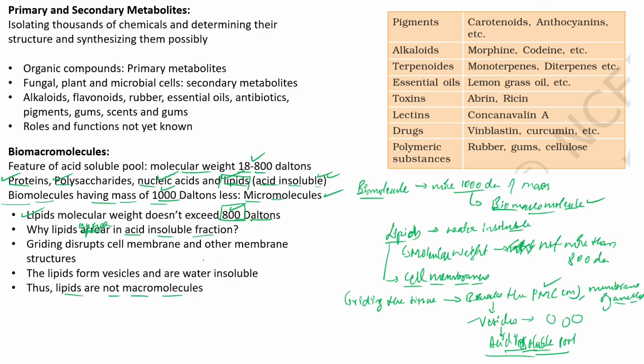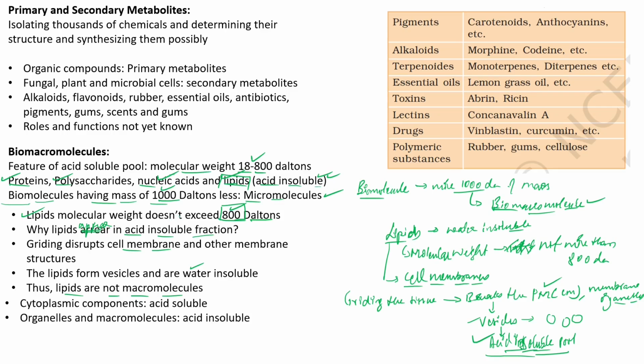Only because they are water insoluble, grinding results in breaking of the cell membrane, and they precipitate or form vesicles, and they finally land in the acid insoluble pool. That is why lipids appear in the acid insoluble pool. This is an explanation that we have to remember for our discussion.